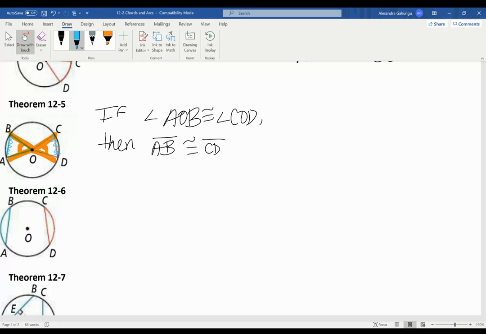And the converse is also true. If we know that the chords are congruent, then we know that the central angles are congruent.